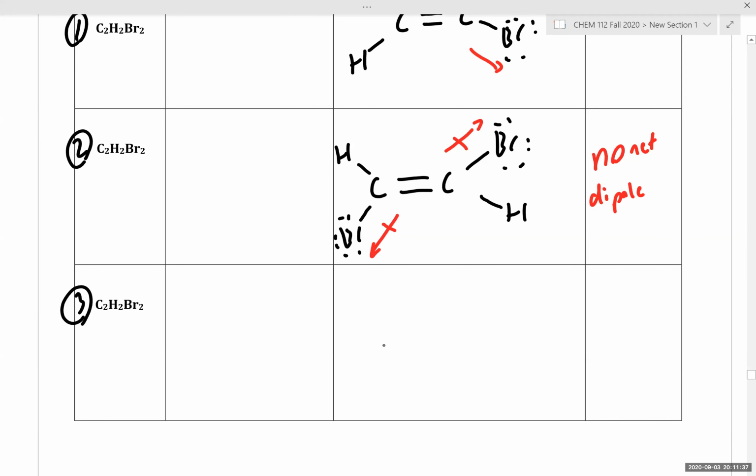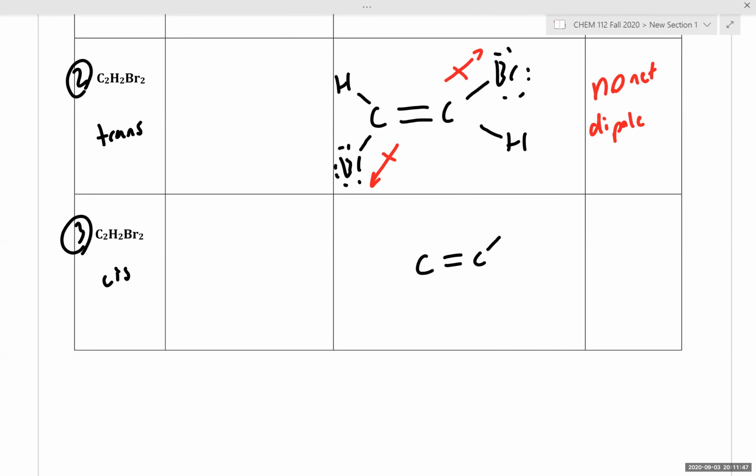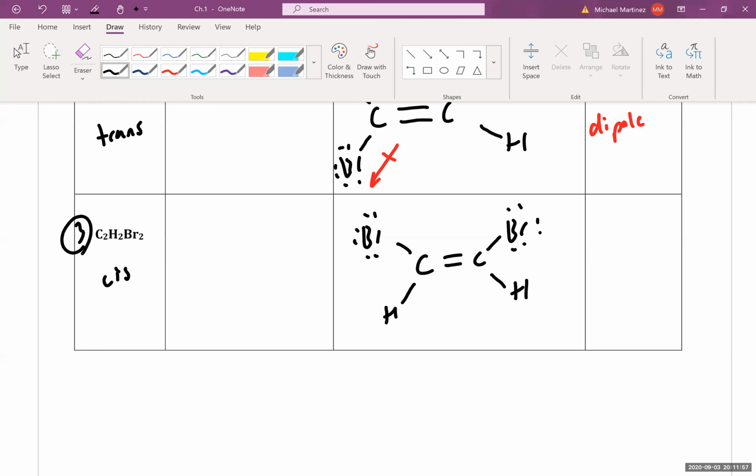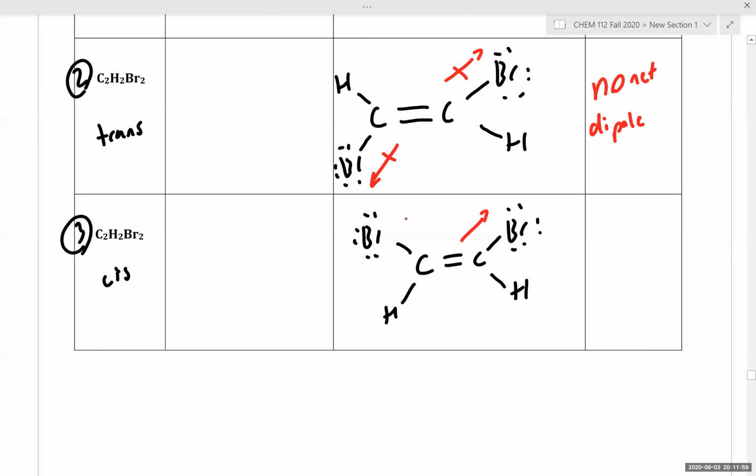Our last example is the cis isomer, where both of our bromines are arranged on the same side of our double bond. And as a result, our net dipole is pointing up.